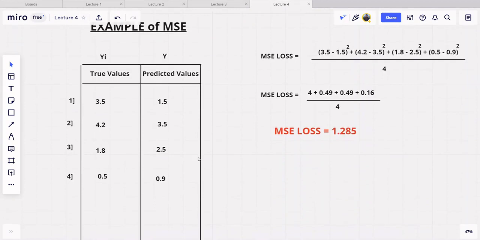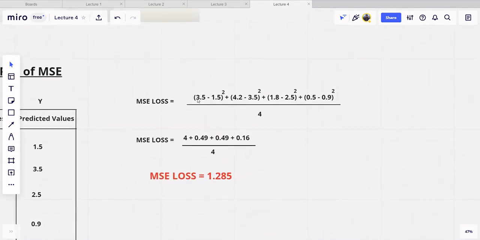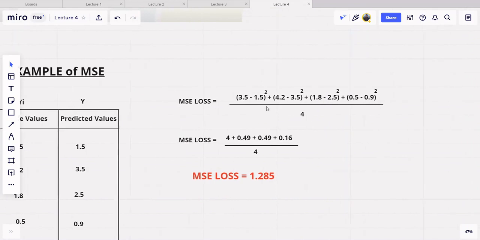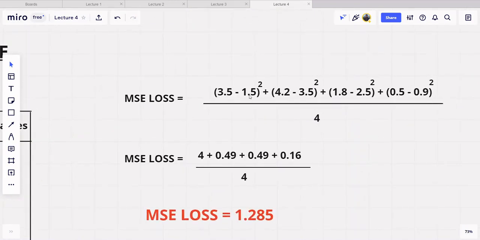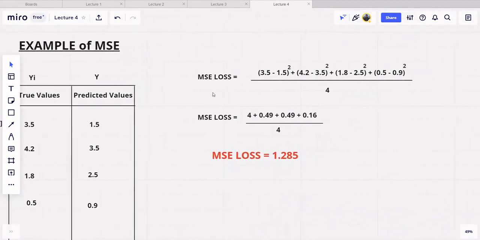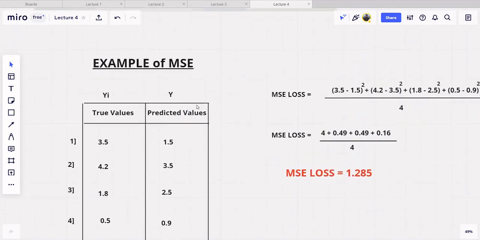Here you can see that the first true value is 3.5 and the first predicted value is 1.5. So we find their difference and square it, and we do the same thing for all these rows. At the end we take the average.